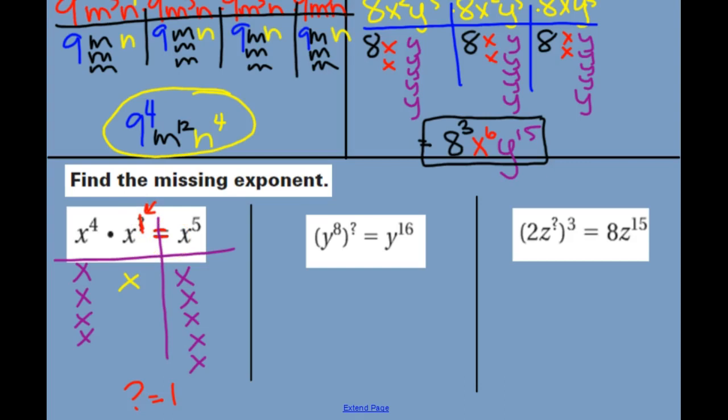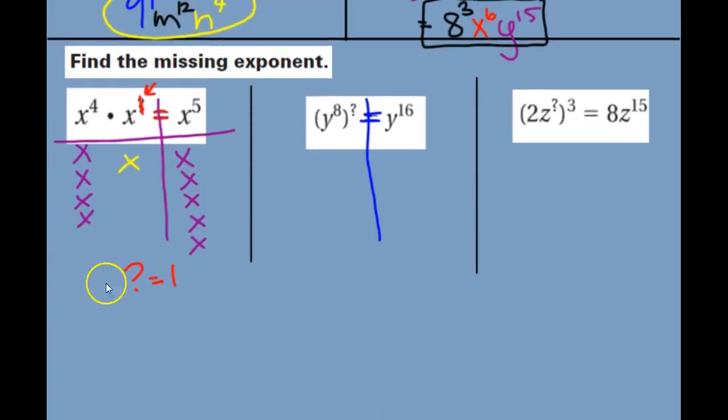This next one we need to be careful on. We know in the end we need to have 16 y's. So I'm going to write out 16 y's. I know I have 1, 2, 3, 4, 5, 6, 7, 8, 9, 10, 11, 12, 13, 14, 15, 16. And over here, I have a group, I know it's in parentheses, of 8 y's.